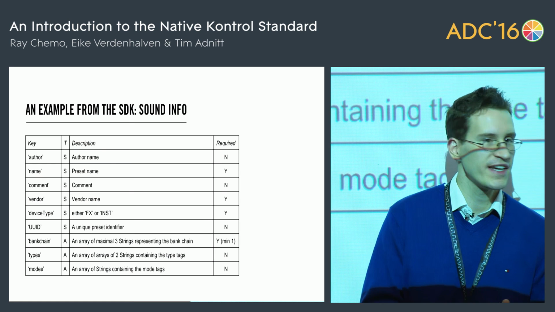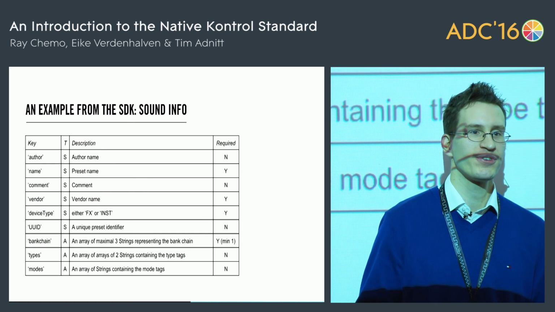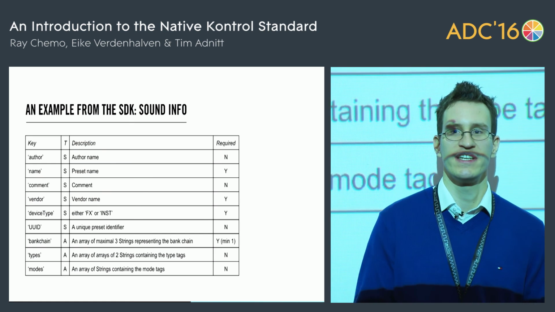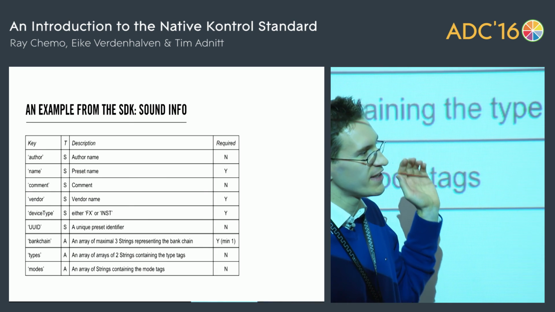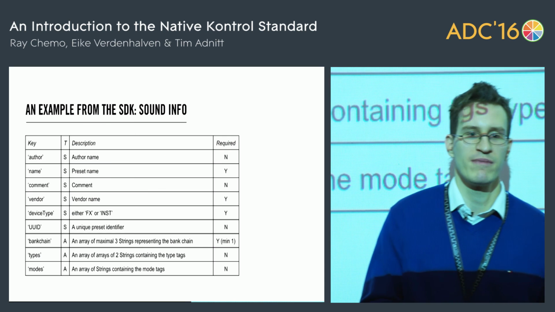In the SDK, you will find tables like these that show you which keys can be stored in the various chunks, which type they are expected to be, and if they're required or not, because some of them may be optional.